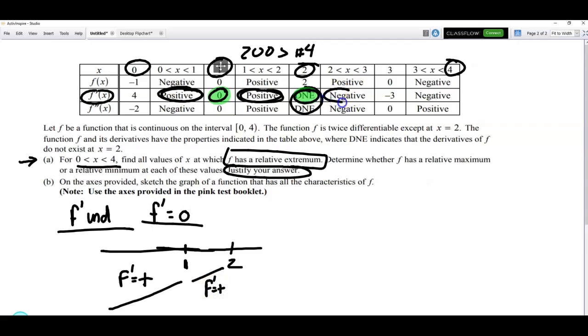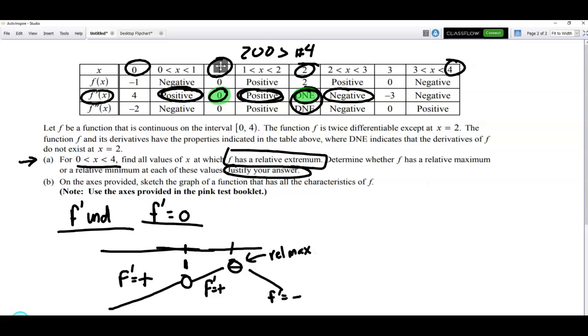After the 2, however, it's negative. So what does that mean? That means that this value is neither a relative min or max, but this number is a relative max.